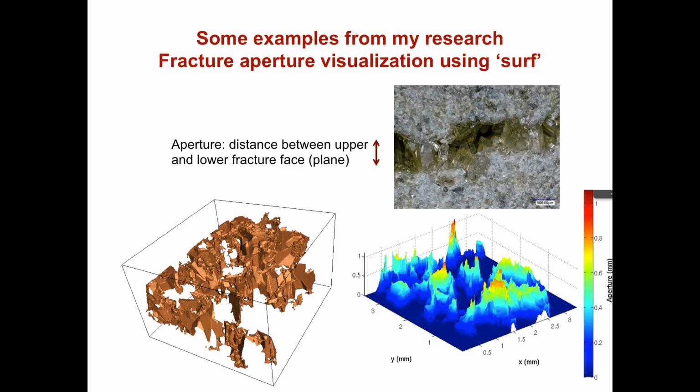So just to wrap up this plotting exercise, this is some interesting stuff from my research. This is a fracture from a tight gas field that is very deep, 10,000 feet below. The rock matrix is very tight and mostly cemented completely.